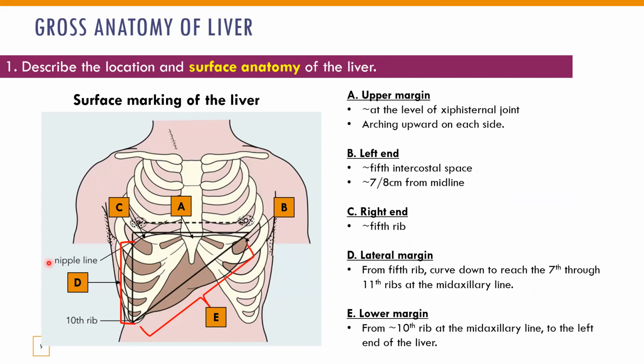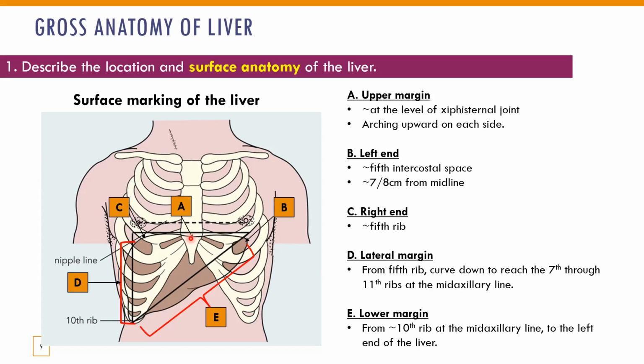Based on this picture, we can mark the liver based on 5 points. Number one is the upper margin of the liver at the midline. It's at the same level as the xiphisternal joint, the joint between the xiphisternum and sternum.